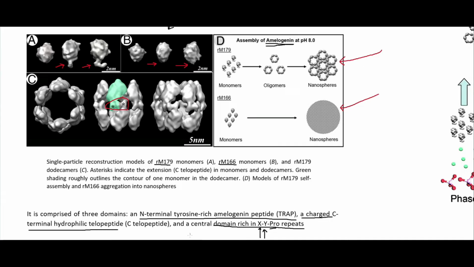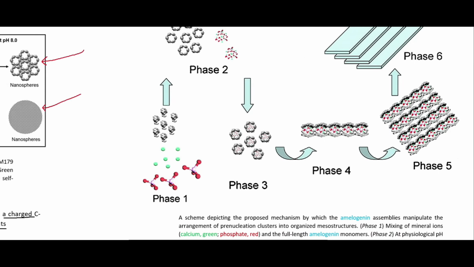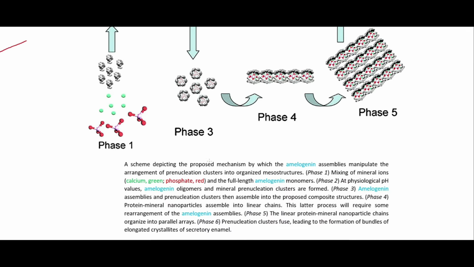And so we can look at the process by which this happens over here. In phase 1 here, we have the mixing of mineral ions, so calcium in green right here, and phosphate in red right here, and the full-length amelogenin monomers, which we have right here. So that's phase one.